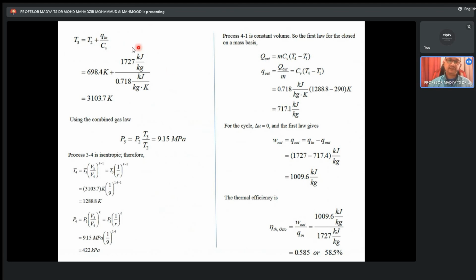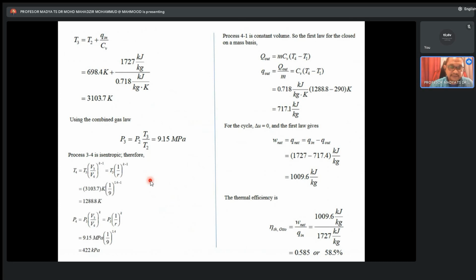Based on process 2-3 q in, substituting all the values in this formula, it will give the temperature at state number 3. Using the combined gas law at P2 and P3, you have P3 is equal to 9.15 megapascal.